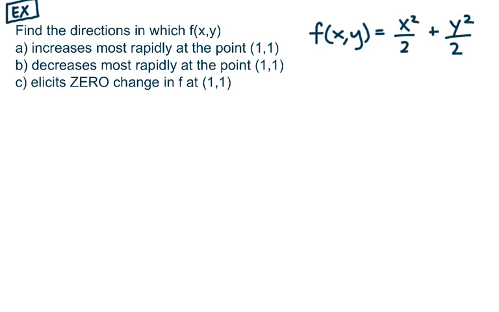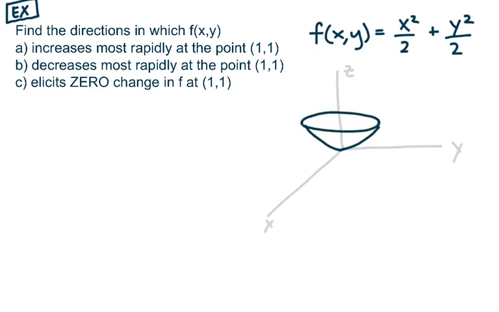Before we get started, let's try and visualize what we are looking at here. So I've got my right-handed coordinate system, and we're visualizing this point in space on that curve. So we have a circular, I'm actually going to try and make it a little wider, circular paraboloid.